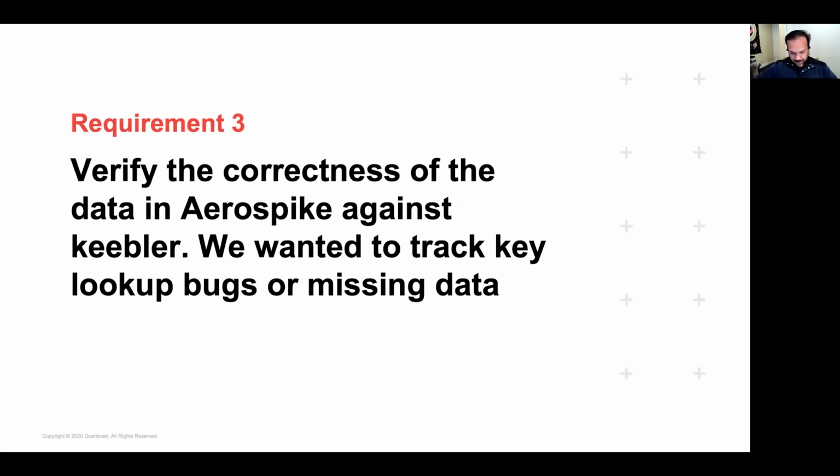The other thing that we wanted to do was to verify the correctness of data in Aerospike. We wanted to track any bugs or if we had lost data at some point during the migration.